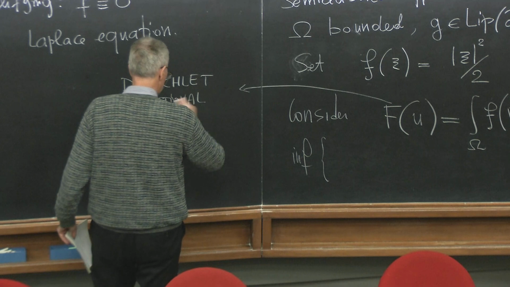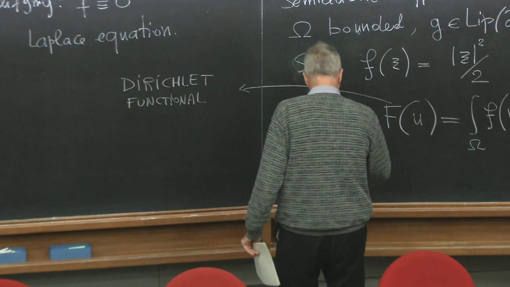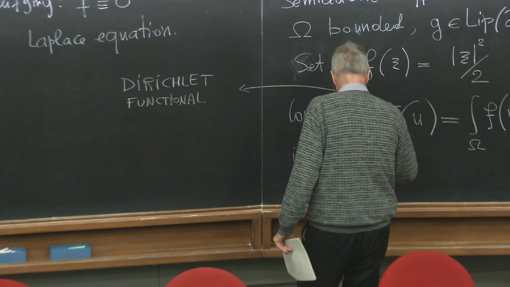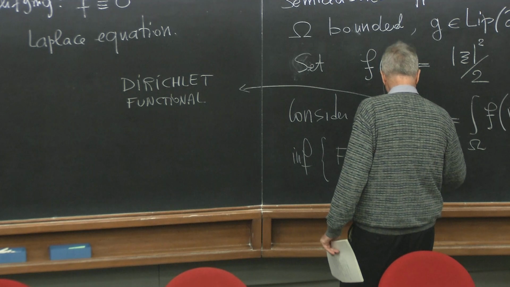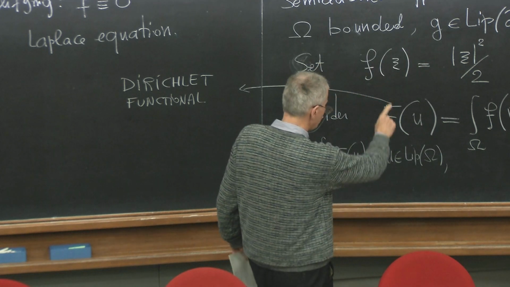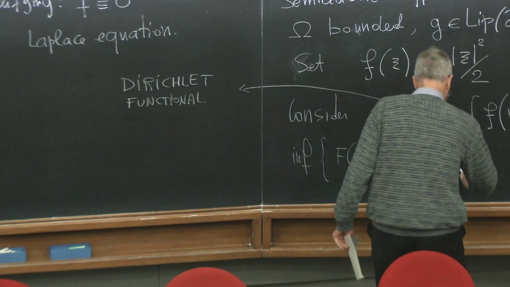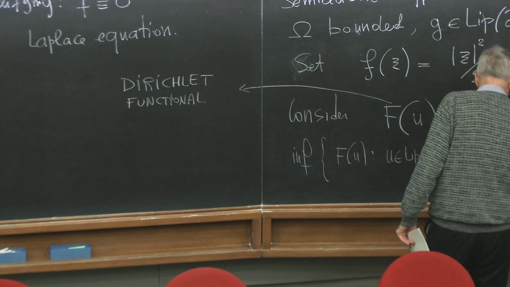Functional. And the problem we are interested in is to minimize f of u such that u is a Lipschitz function and u equal to g on the boundary of omega.